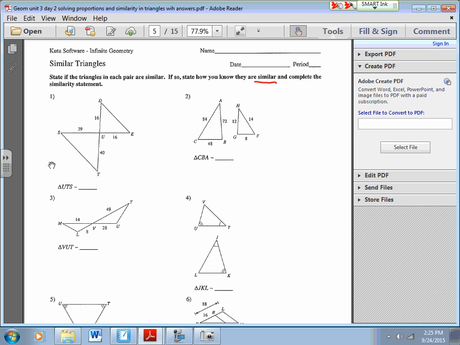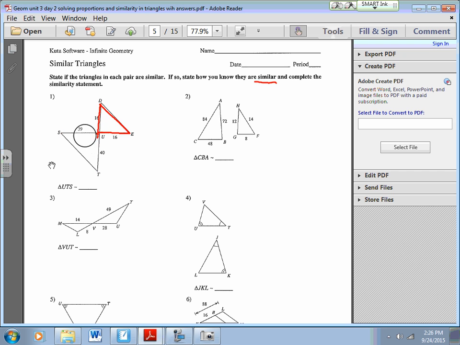Now, can anybody tell me anything about the picture in problem number 1 that you noticed? What do you notice are similar? Because here's what we've got to do. You've got to figure out if this triangle is similar to this triangle, from just the drawing.